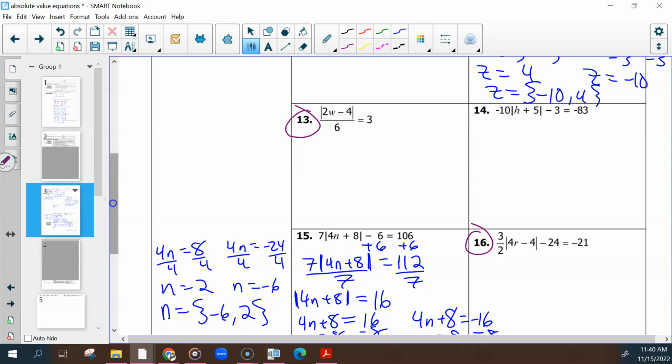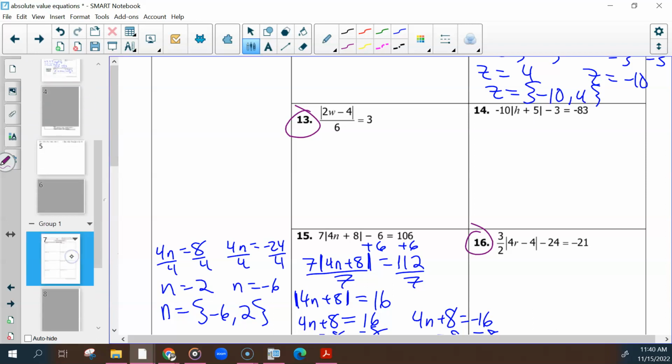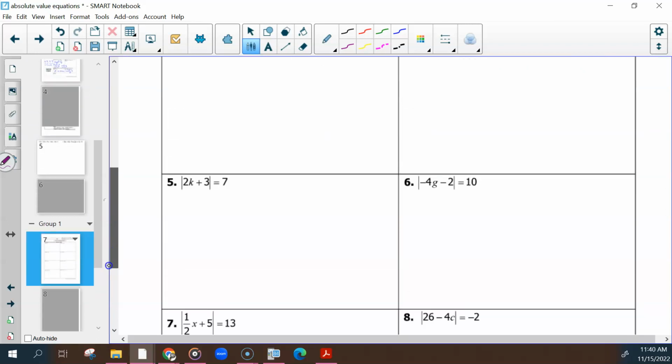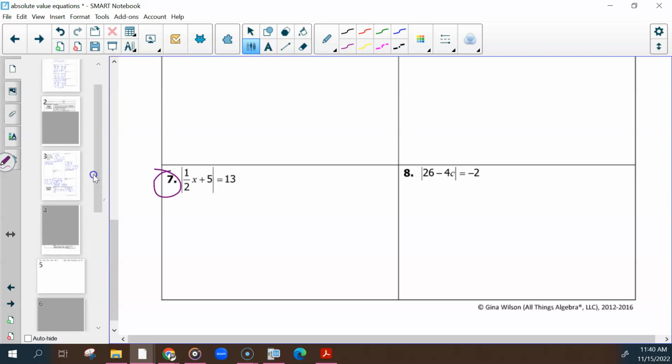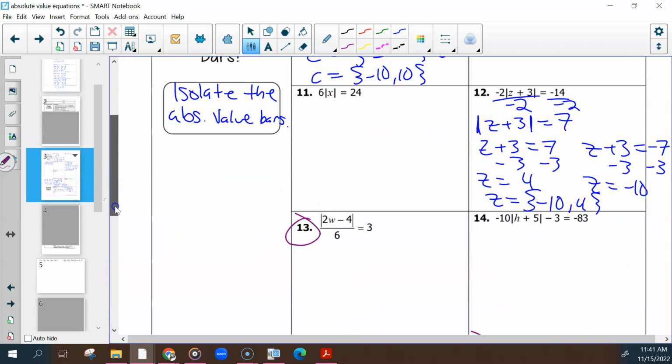Any others? 7 on the other page. Any others? So we're going to start with 13, move on to 16, and then do 7.